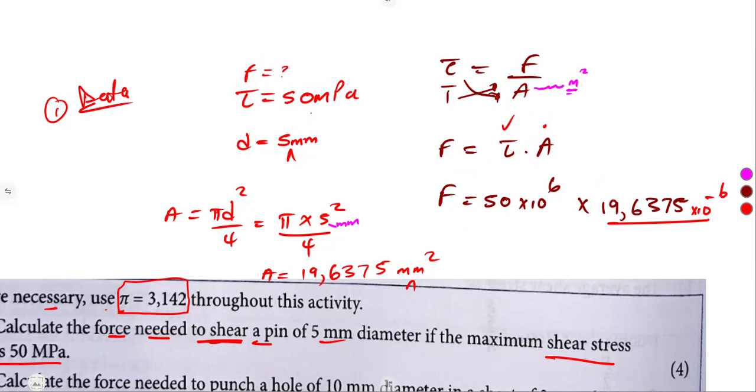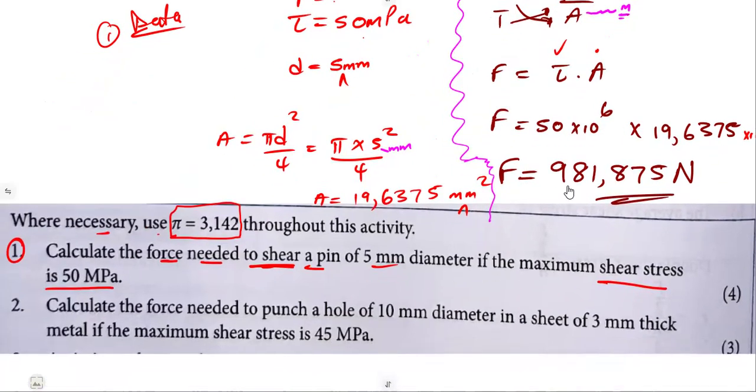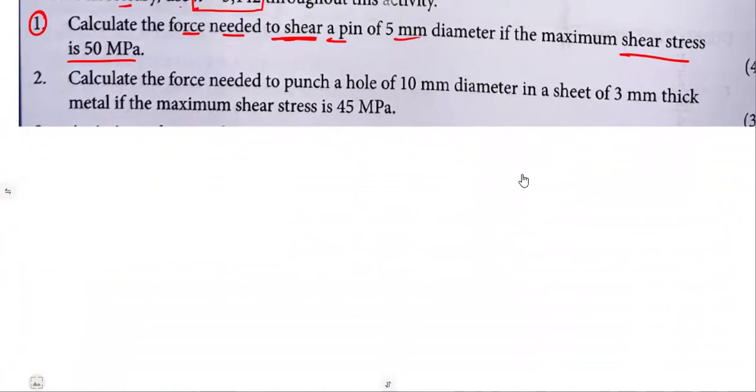Remember the conversion to square meters: you multiply by 10 to the exponent of negative 6. That gives us the force required to shear a pin, which was 981.875 Newton. Also just confirm with the values you obtain from your calculator. As we can see, guys, if you understand the basics from the previous class, this one is just a go through.